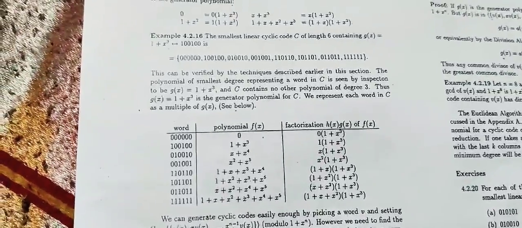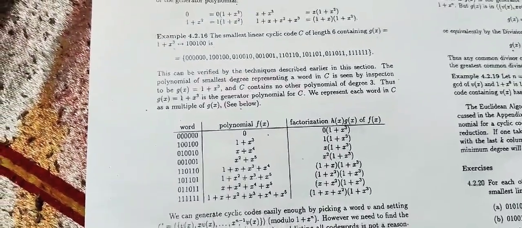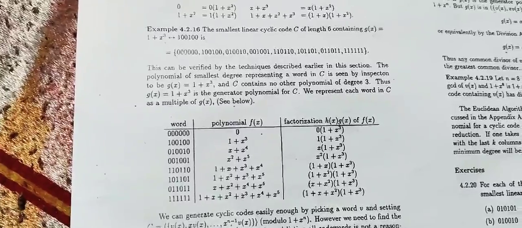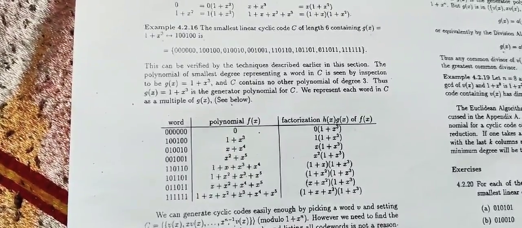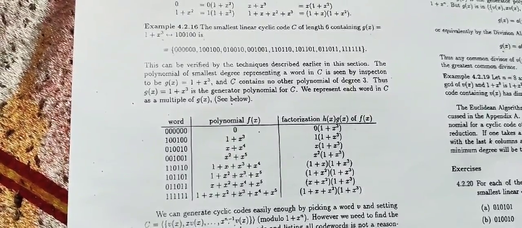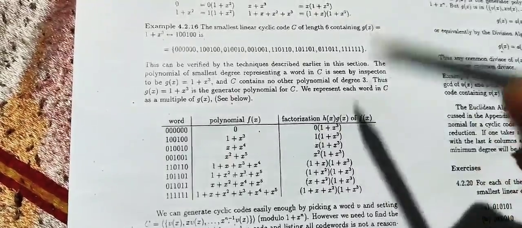Okay. And next we know that basis of C is what? g of x, x into g of x, x square into g of x, etc. up to elements. Okay. So we find this one.